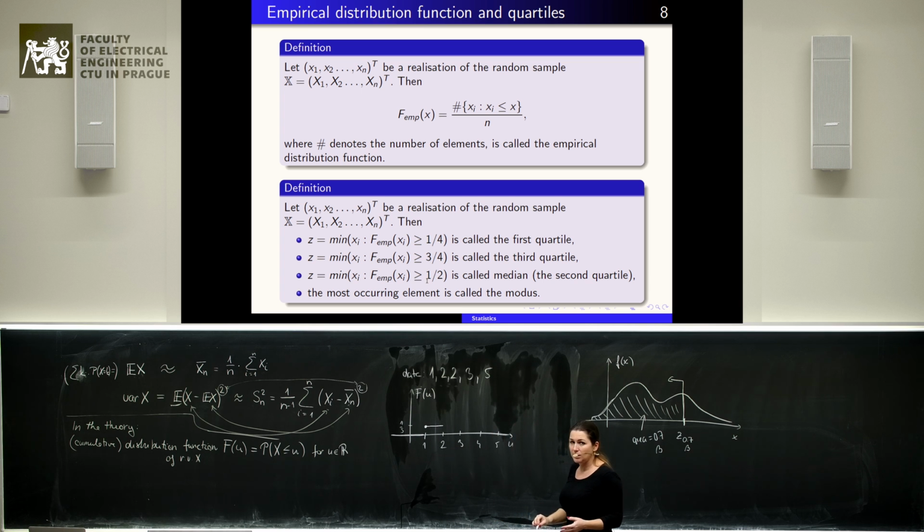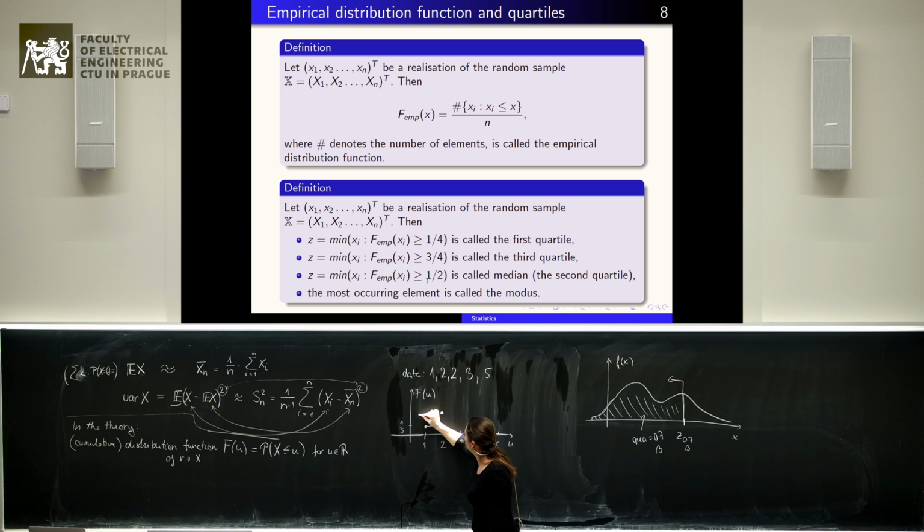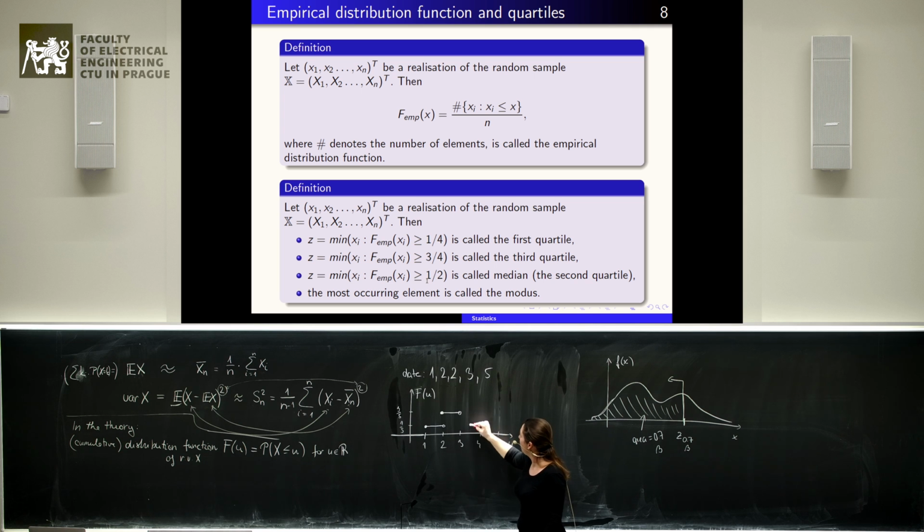Then, what is the probability that we choose a number which is less or equal to 2? There are 3 possibilities from the total number of 5 possibilities, so it is 3/5. Then, the probability the randomly chosen number is less or equal to 3 is 4/5.